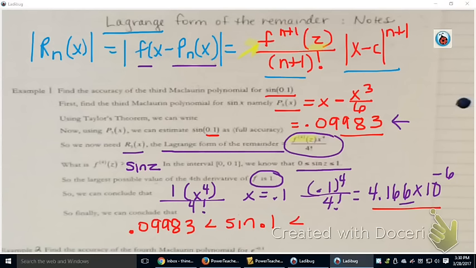So this value I'm getting ready to write down is 0.09983 plus 4.166 times 10 to the negative 6. You would get 0.0998375. And then it keeps going. But we would say that sine of 0.1 is between there. You could put sine of 0.1 in the calculator and you'll find out that it is between there. Most of the time, it's going to ask for the remainder. Most of the time, it won't ask for the interval, but I'm showing the interval just in case.